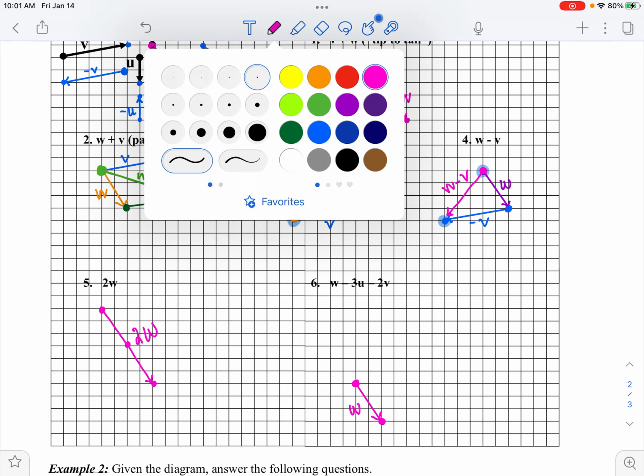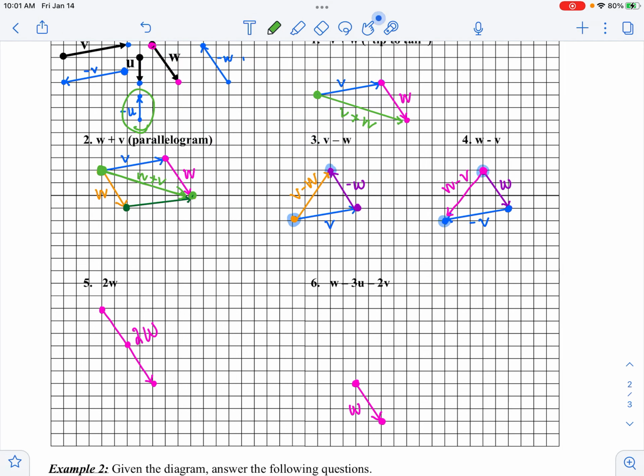All right, now I want to do the opposite of u 3 times. So the opposite of u is right here, and I want to do that 3 times. So I'm going to start right here at the terminal point, and the opposite of u goes upwards. So I'm going to go up 2 three times. 1, 2, 3. So I'll end up right here. And this is minus 3u.